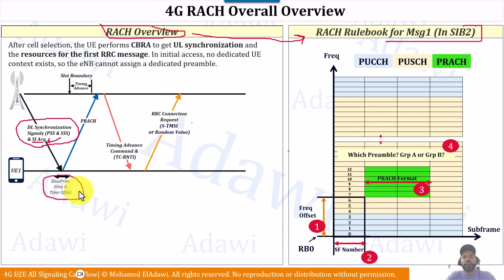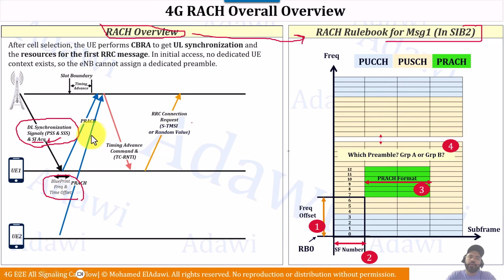So assume now we have another user here, and this user initiated the same message, called PRACH, but somehow the user used the exact same frequency time offset and the same preamble. Each PRACH message is initiated through something called a preamble. A preamble is kind of a signature for the message.